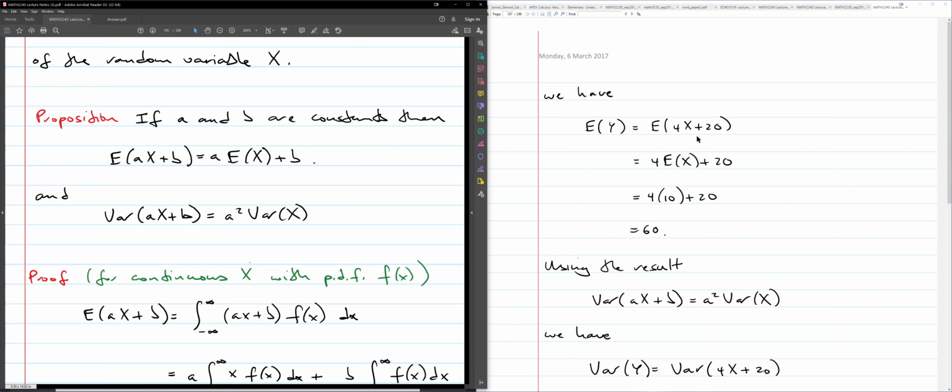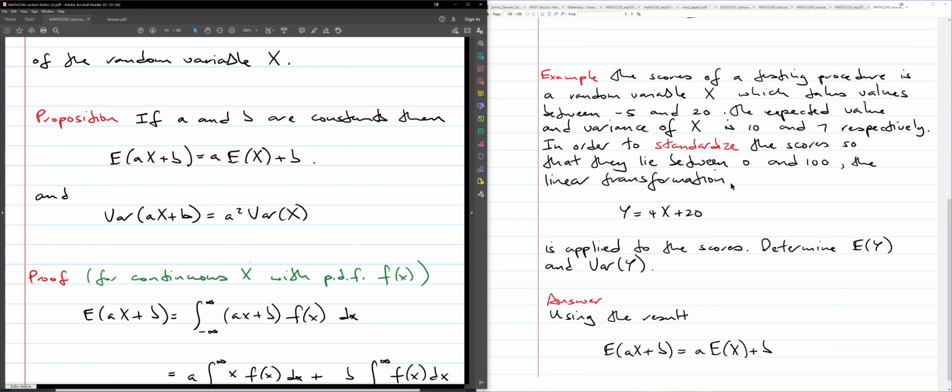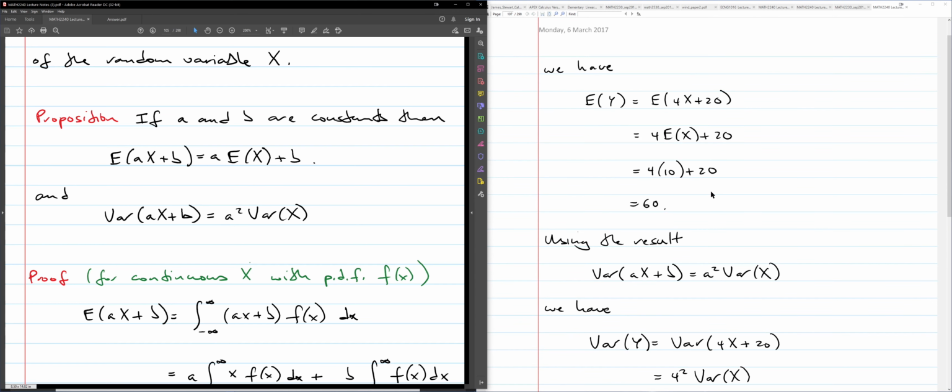This is linear inside here, so we can split it apart. The b is 20 and the a is 4. Now you just put in the expected value of x, which was given to you as 10. That gives me 4 times 10, plus 20, so I get 60. I calculated the expected value of y using this formula.